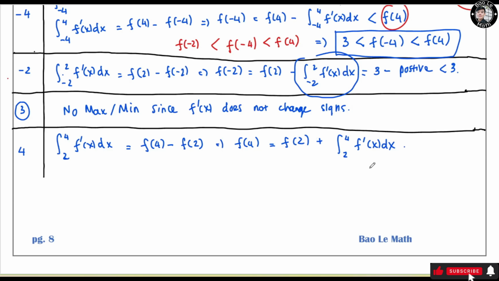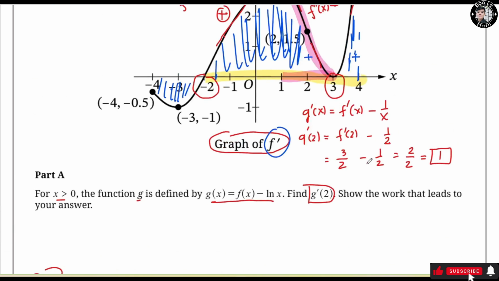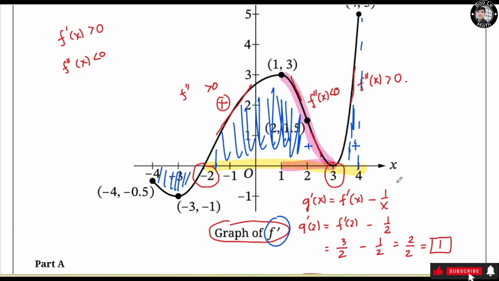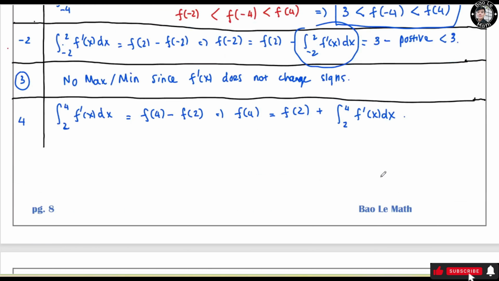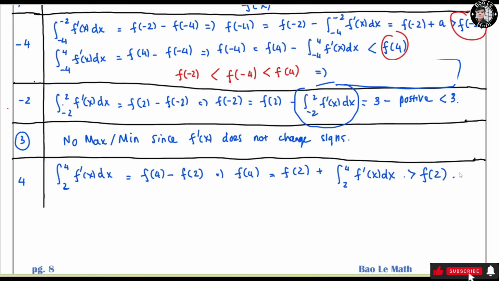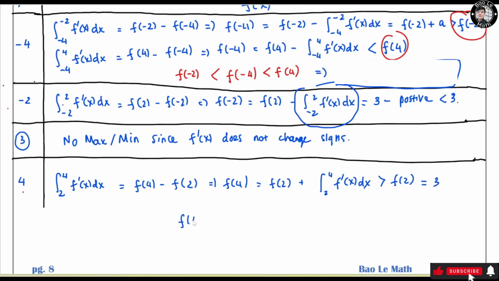Now, the integral from 2 to 4 of f'(s) ds should be above the x-axis, right? 2 to 4 is right here, so it's always positive, right? Now, f(2) plus a positive number is always greater than f(2), right? But f(2) equals 3, right? So we can conclude that f(4) is always greater than 3, right?